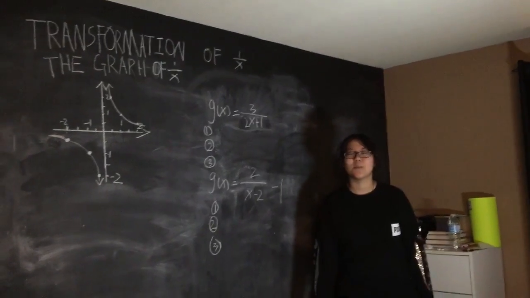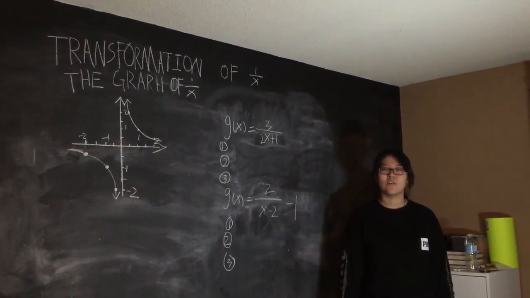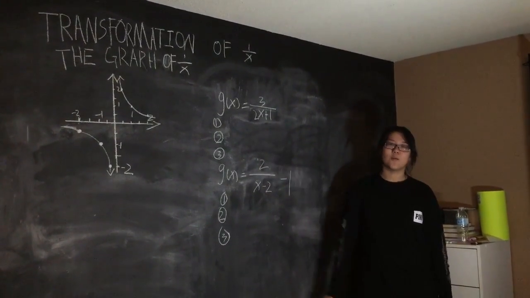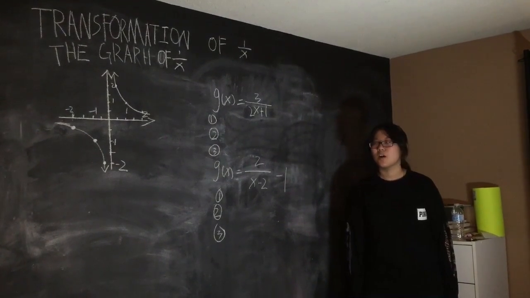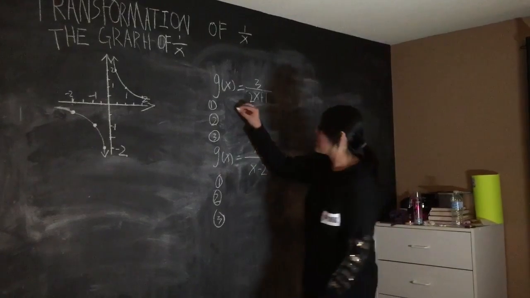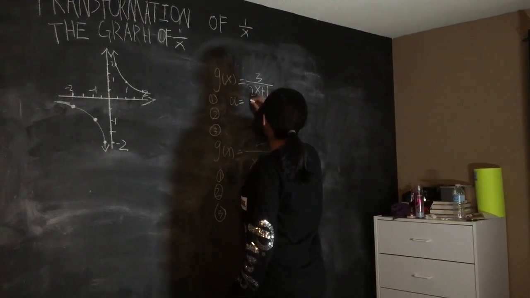So in this part we will do some exercises for the transformation. So the first question is this one. The solution of this question is A equals 3, the vertical stretch by a factor of 3.